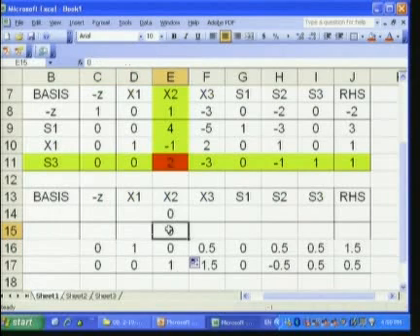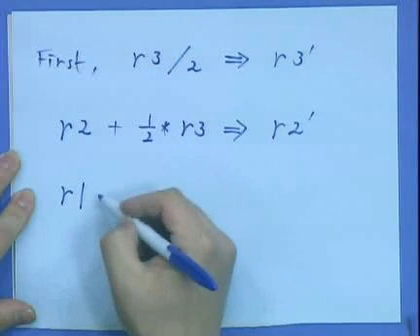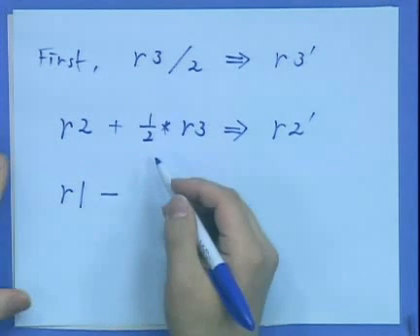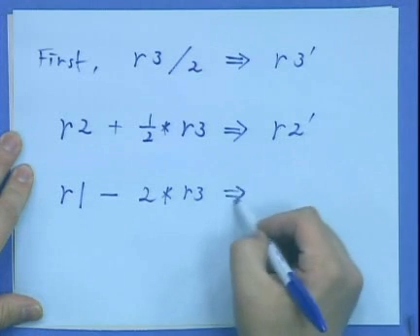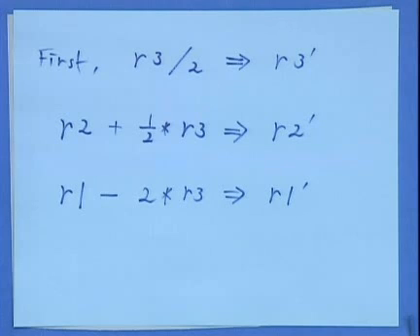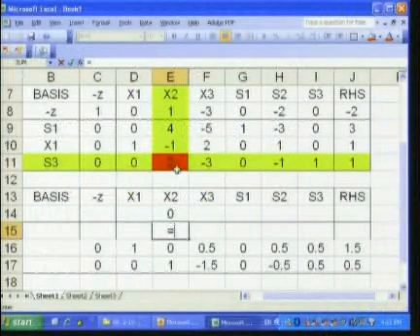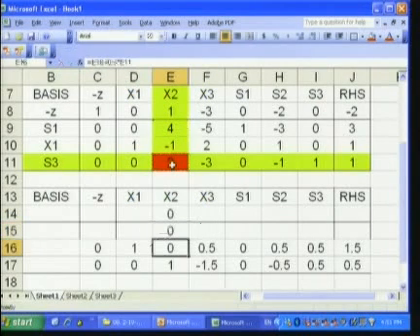Likewise, the row number 1 becomes 0. Row number 1 minus 2 times the pivot row, which is row number 3. So row number 1 minus 2 times row number 3 becomes 0.